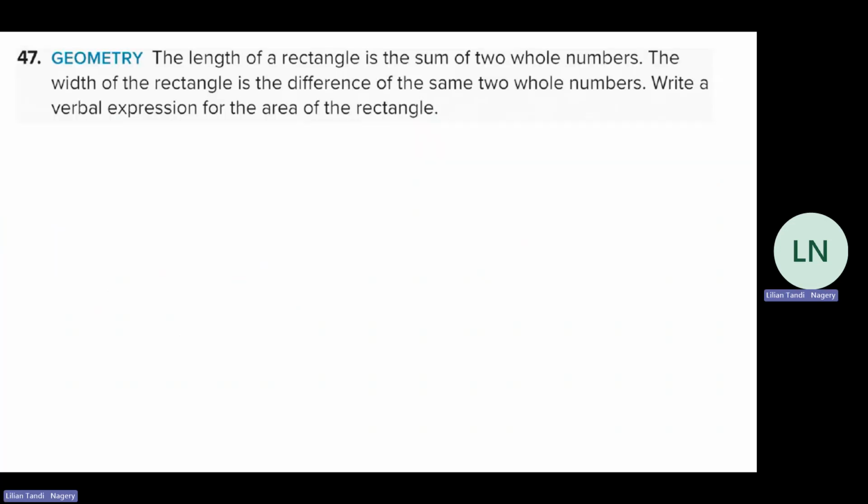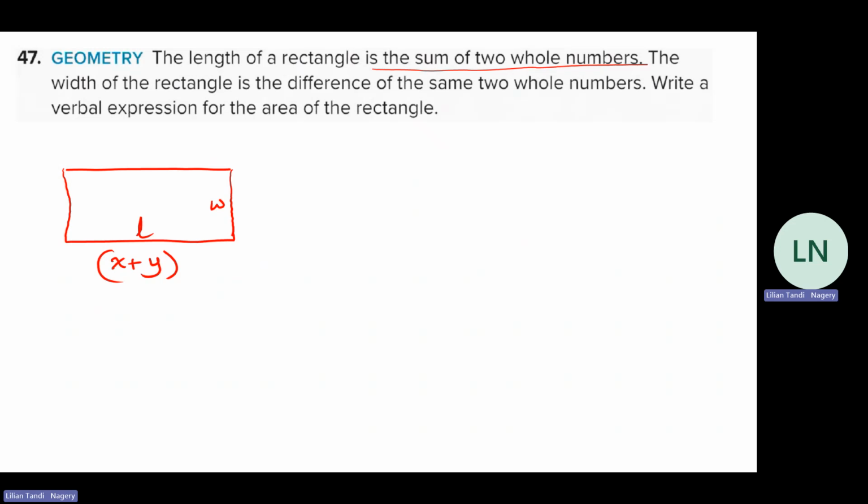The length of a rectangle. Okay, so draw a rectangle. Label. So this is your length, this is your width, okay? The length of a rectangle is the sum of two whole numbers, x plus y.